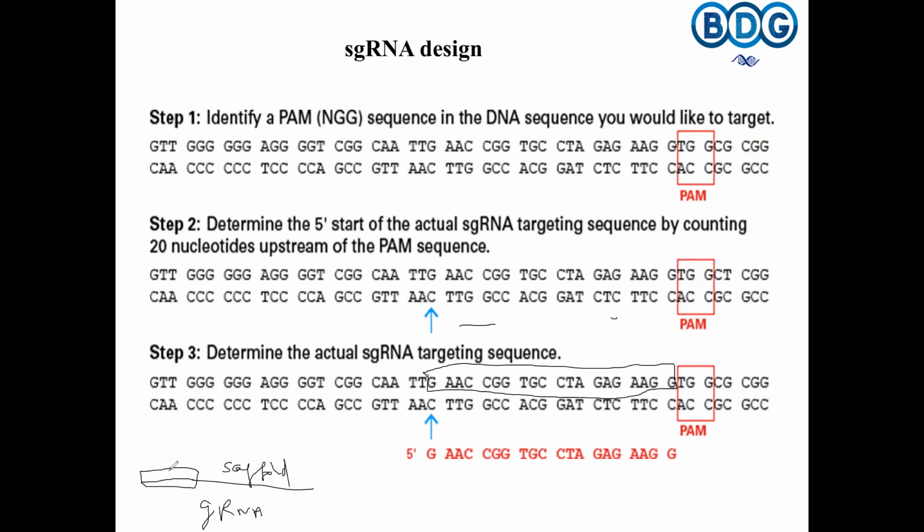So the guide RNA that you design can go and bind there also. For example, out of 20, if 17 or 18 are matching, then that also can happen. So we need to make sure that the sequence you select for cleavage is very unique to that gene.